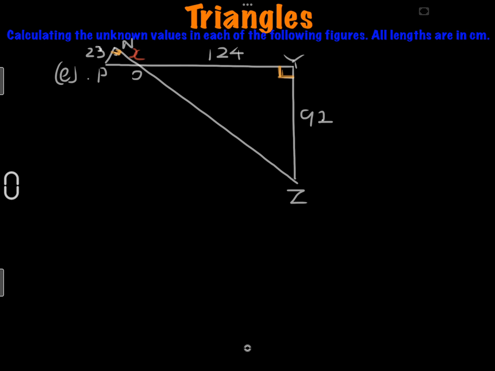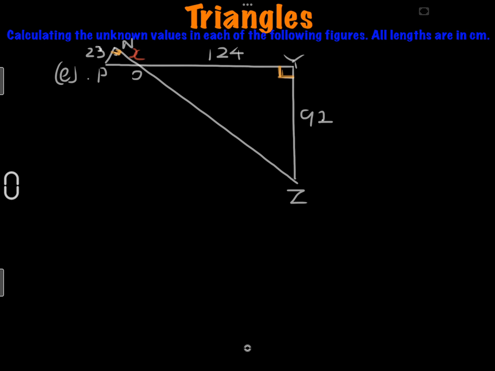Now, by inspection, it's very important that we look at this problem and be able to identify some key issues with regards to these two triangles. First of all, we can clearly see that we have a right angle, which already tells us we're going to have to use our Pythagoras theorem.